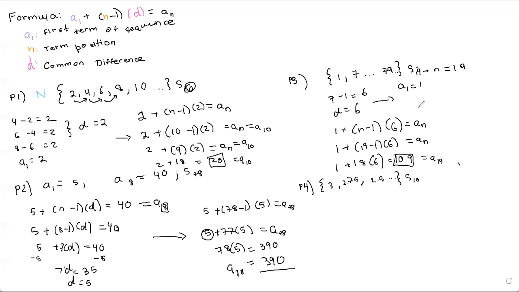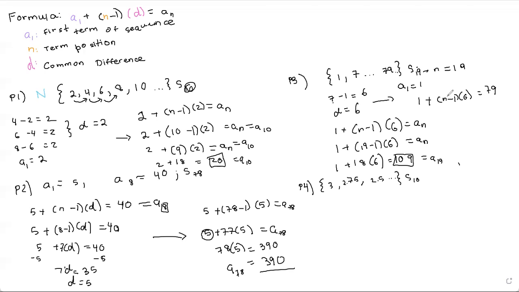Okay, so let's just write our explicit formula then, right? And now let's equate it to 79.